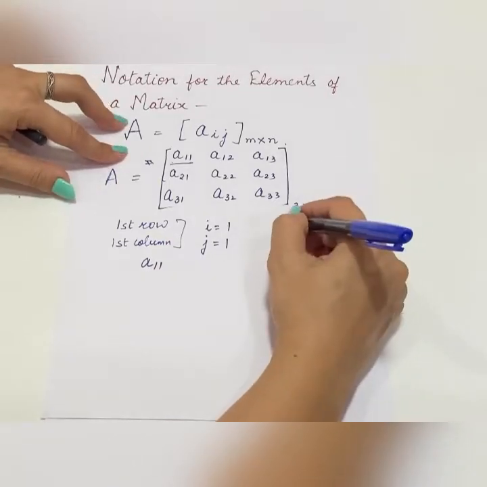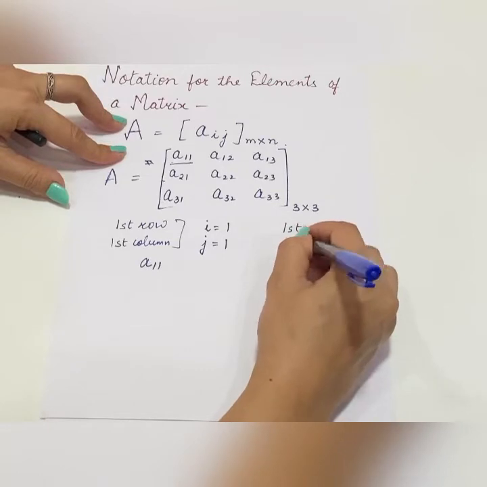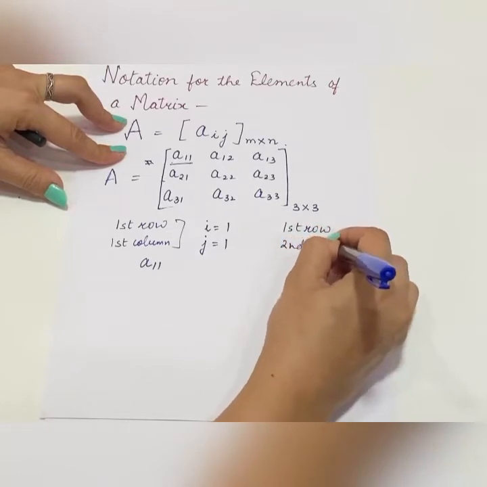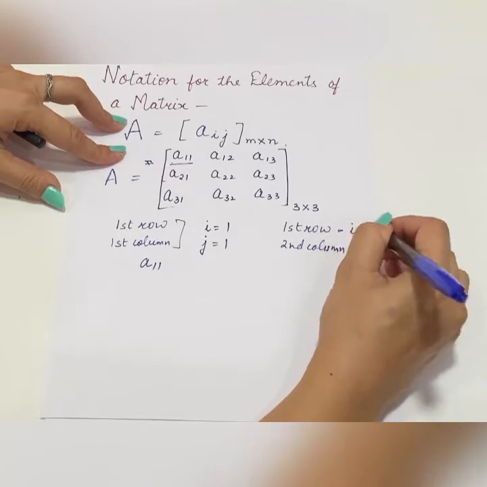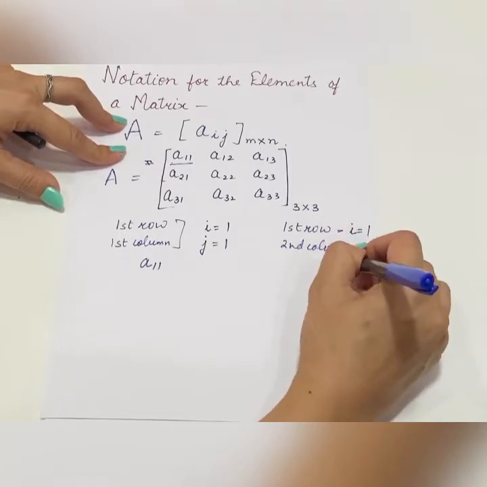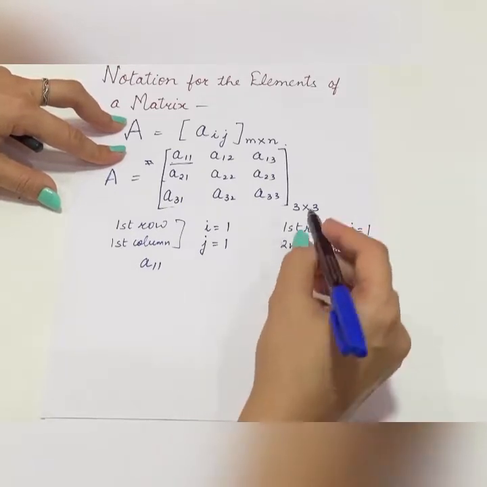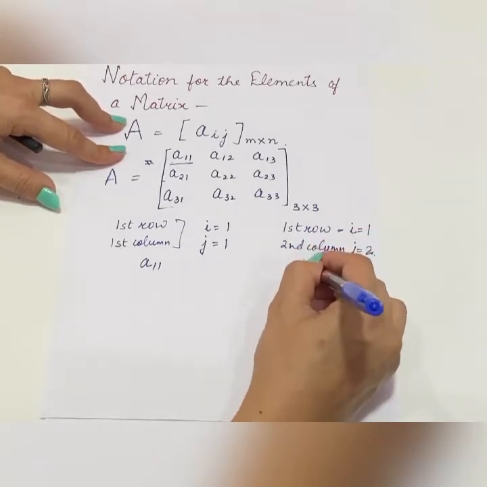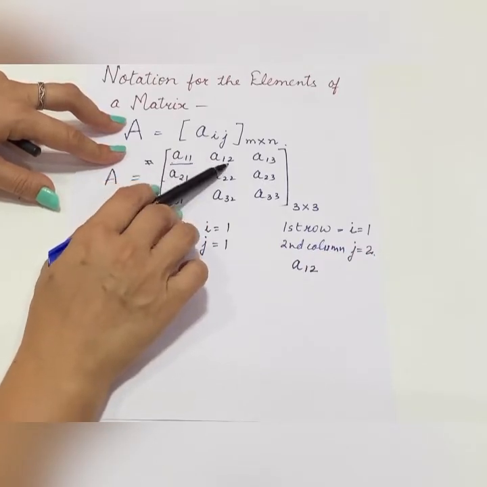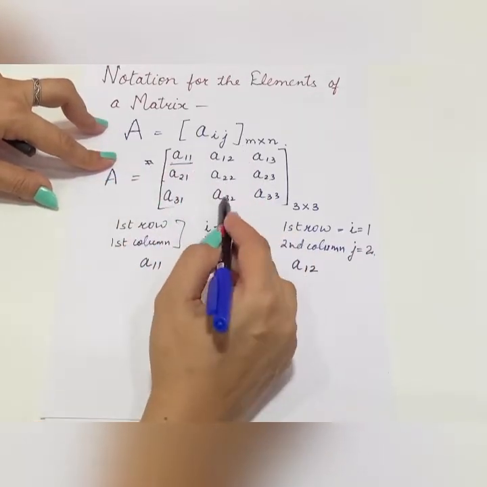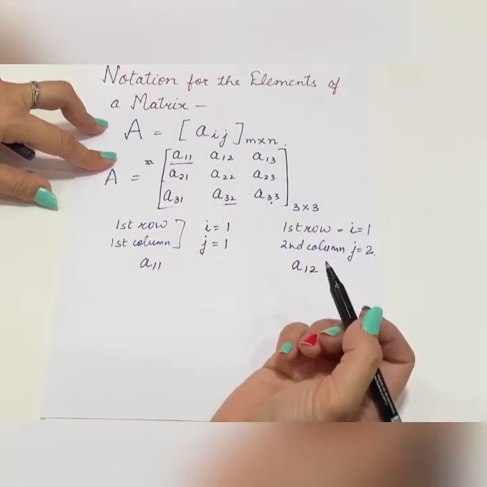Similarly, the element in the first row and second column: for the first row i is equal to 1, and for the second column the value of j is equal to 2, and its position is given by A12. So this is the position first row second column. This means by seeing these subscripts, you can tell the position of the element.